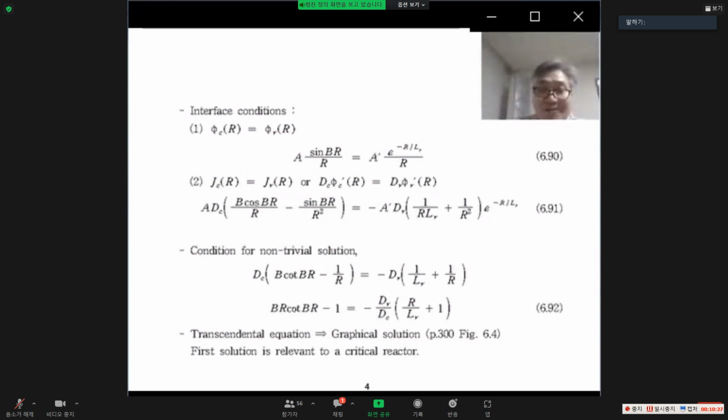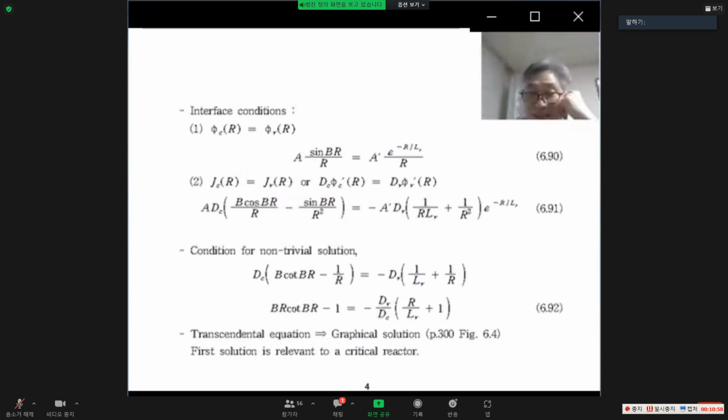What we can do is divide 6.91 by 6.90: left hand side by left hand side, right hand side by right hand side. Then we get the next equation, and A is cancelled out, A prime is cancelled out.